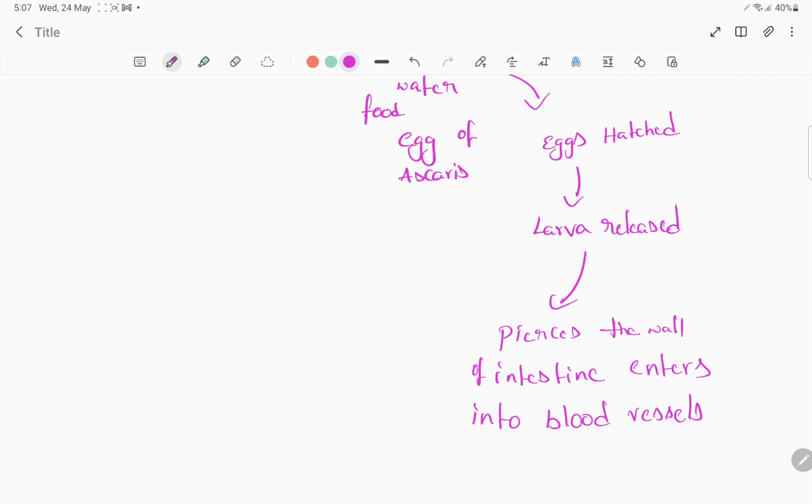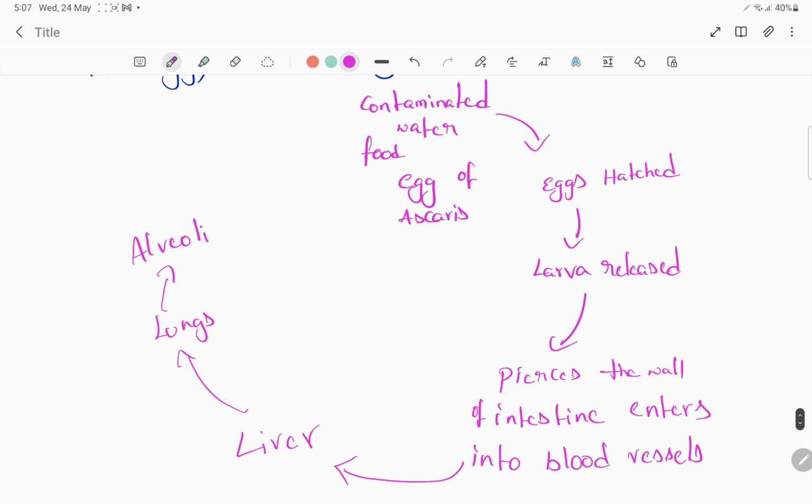So from there it will reach the liver, liver to lungs, undergo further development in alveoli, and migrate upwards in the bronchial tree to the glottis.